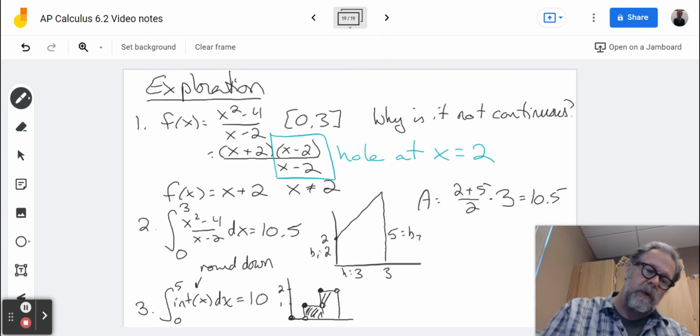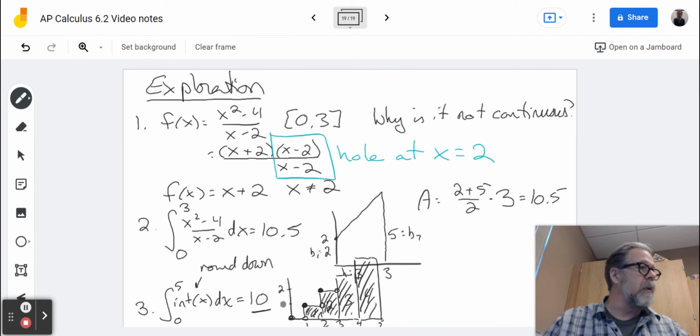I have an area of 2 here. So I'm up to 3. Whoops, excuse me, this is clearly going to be 3. And the next area is clearly going to be 4. And when I sum those, I get 1 plus 2 plus 3 plus 4, which is in fact 10. So confirmed. All right. Great.